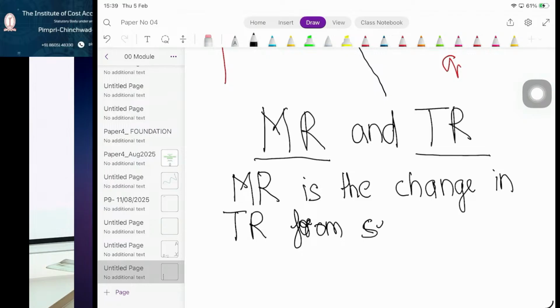Marginal revenue is the change in total revenue from selling one more unit.